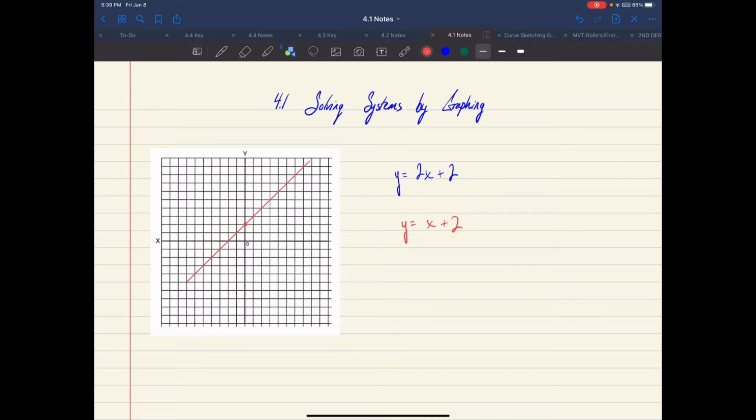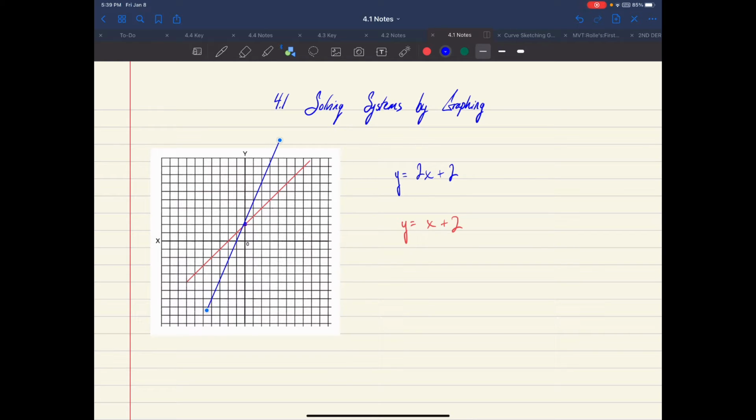So that is y equals x plus 2. y equals 2x plus 2 is going to go through 2, and it's going to have a slope of positive 2. So we just have a slope of 2. Okay, so that's roughly where it is.